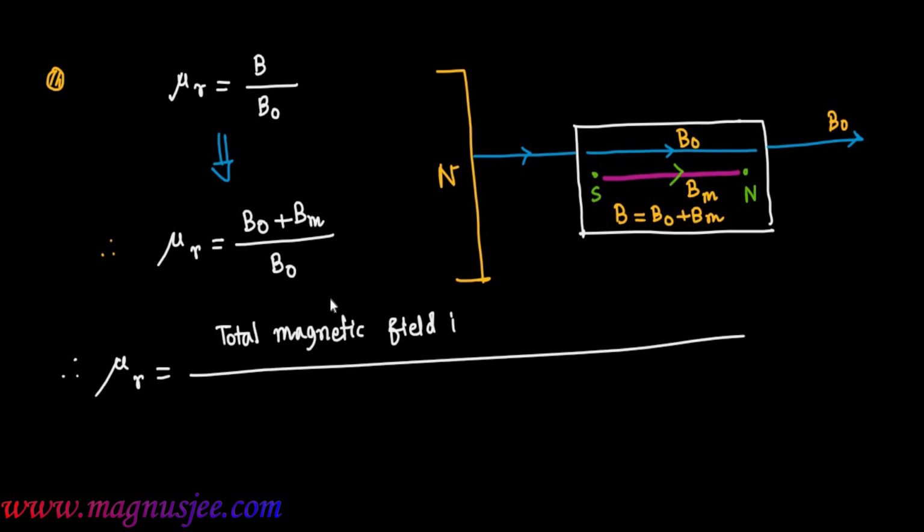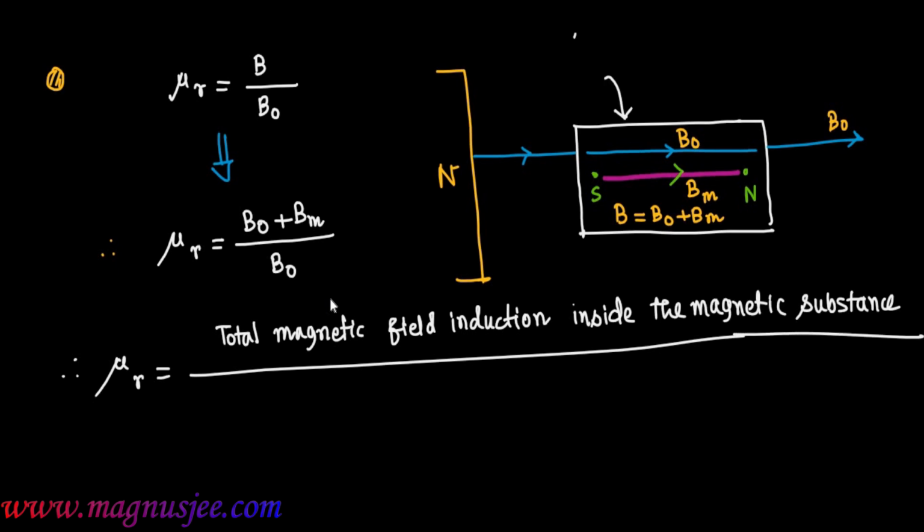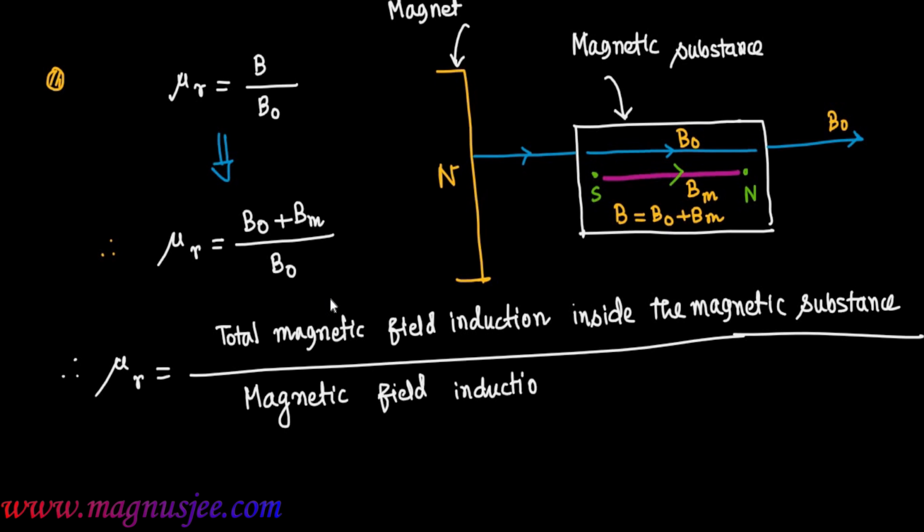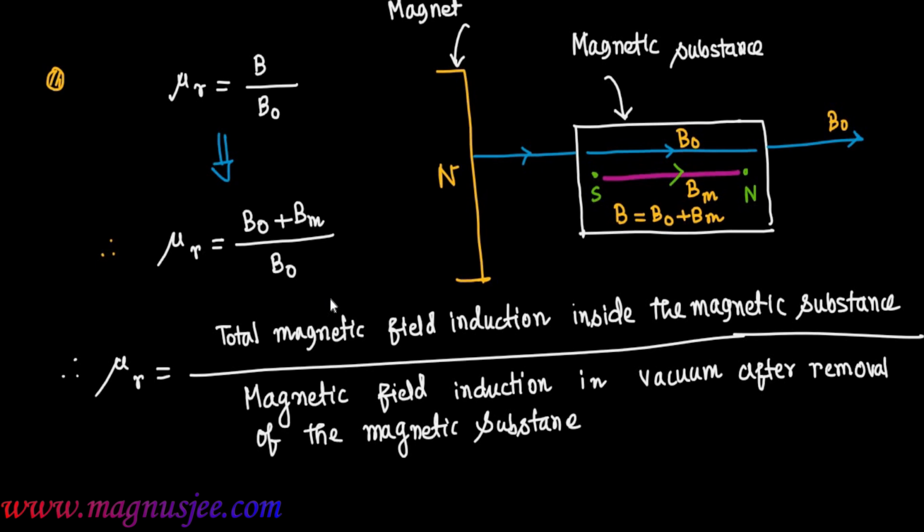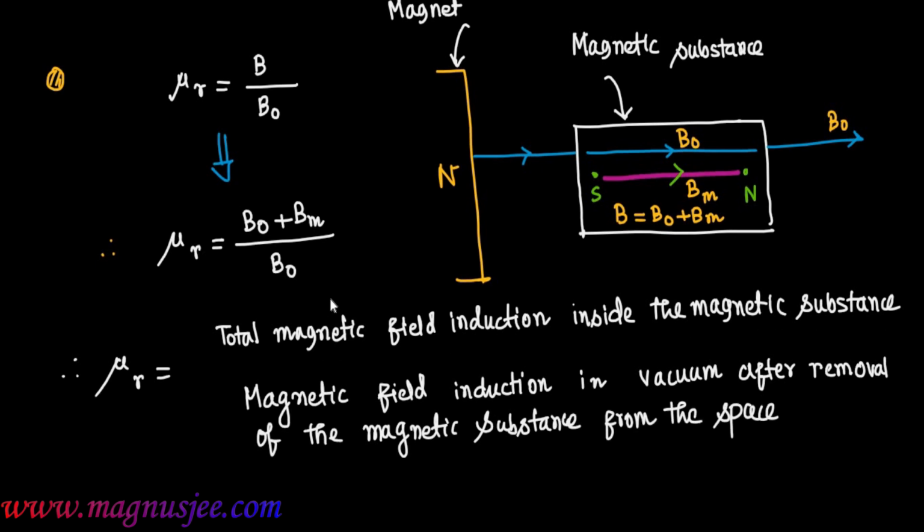Therefore, mu r is equal to the total magnetic field induction inside the magnetic substance, which is the sum of B0 and Bm, divided by the magnetic field induction acting in vacuum before the introduction of the magnetic substance. Mu r is the ratio of B and B0. That means mu r equals B by B0.